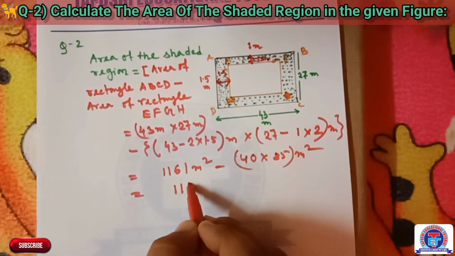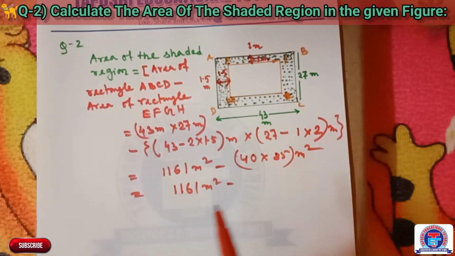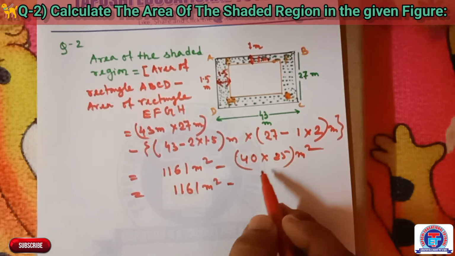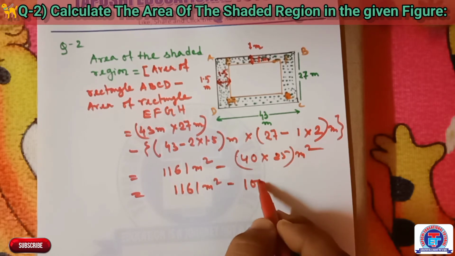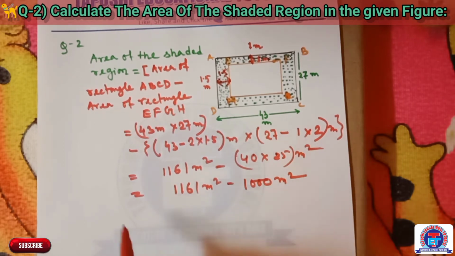Now 1161 meter square minus, if you multiply this, it will become 1000 meter square.